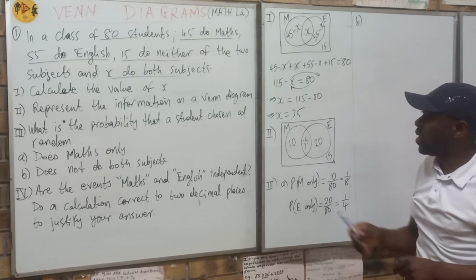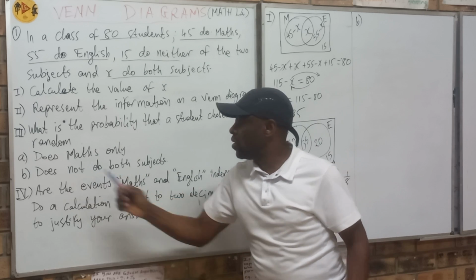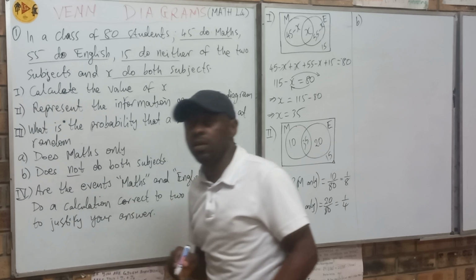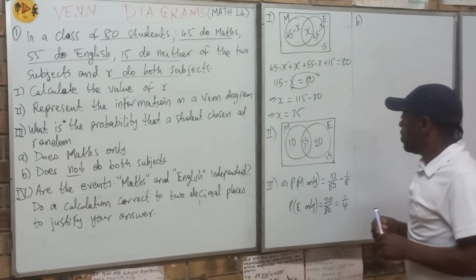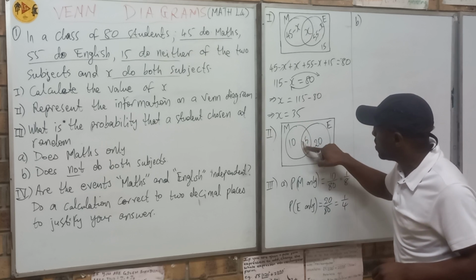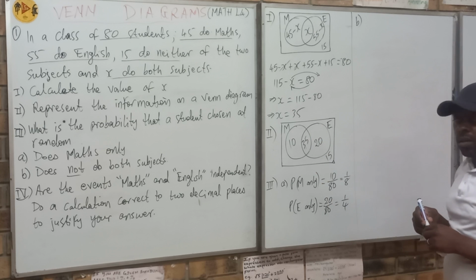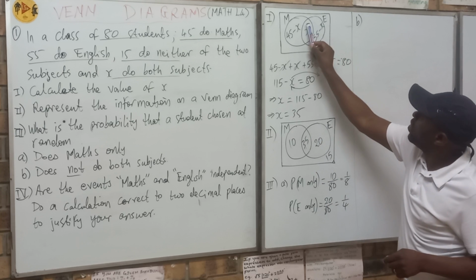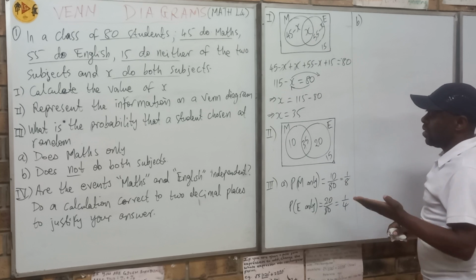Our B says, what is the probability that a student chosen at random does not, the keyword is there, not do both subjects. So you need the probability that you do not do both subjects. We have just finished calculating our X, which was in the position of those who do both subjects. So if you do not do both subjects, it's very simple.